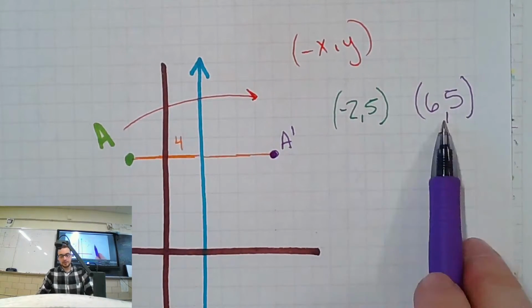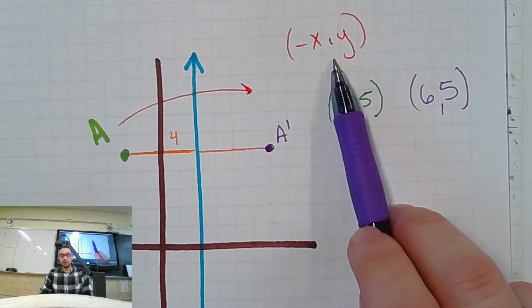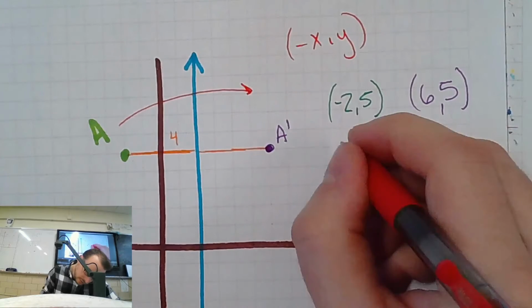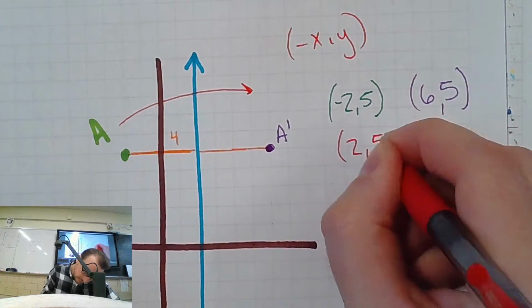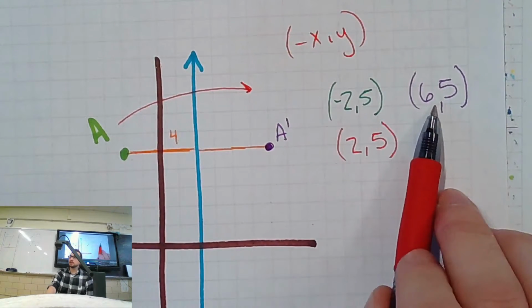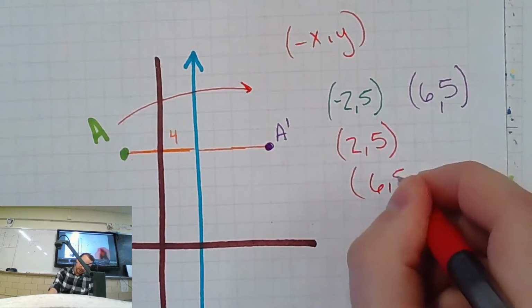We didn't just change the x, right? That doesn't get us the win. But that's the first step. We do want to change the x because we're flipping horizontally. So our first step is to write it like this. Change the x, keep the y. And then we have to ask ourselves, what did we do to the 2 to get to 6? How much do we have to add? We add 4. And that gets us here.